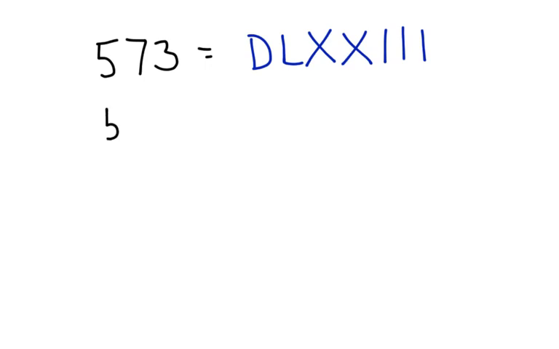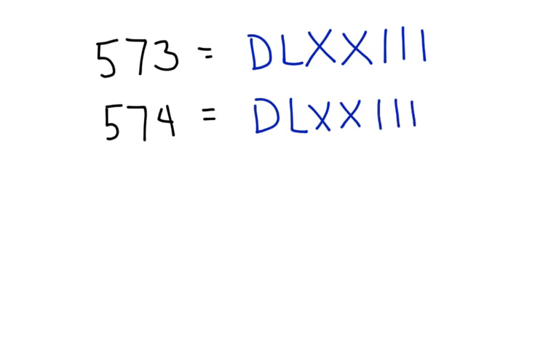What happens if we want to do 574? Well, we know we can start out with 500, and we know how to get to 70. And then my first instinct might be to go 1, 2, 3, 4. 574. Well, the trouble with that is, in the Roman numeral system, we're never going to put 4 of the same symbol in a row.